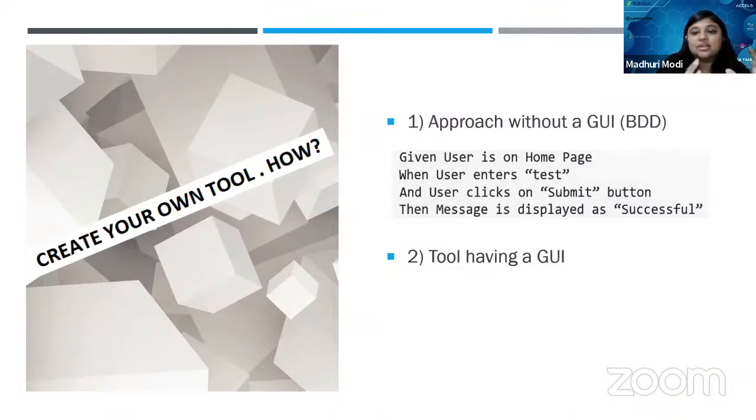Okay, the example is given for front-end automation, but this approach can be used if you're doing back-end automation as well. So there is code associated with each sentence, which gets executed, and this code is written by the framework team. So the framework team will write the code and give the keyword or sentence to the other team, like this, for all the keywords which the framework team has built.